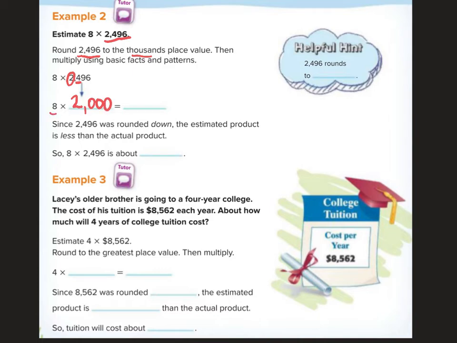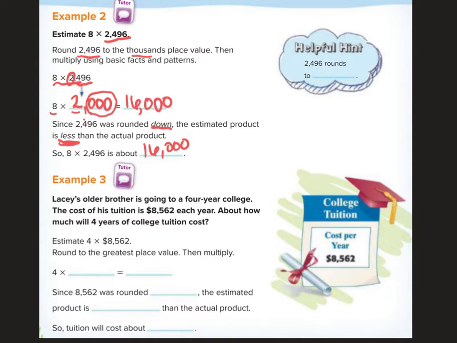Now, 8 times 2 is 16. 3 zeros, 16,000. Since 2,496 was rounded down to 2,000, we took away 496. The estimated product is less than the actual product. So 8 times 2,496 is about 16,000. And if I were to actually multiply, my answer should be bigger than 16,000.